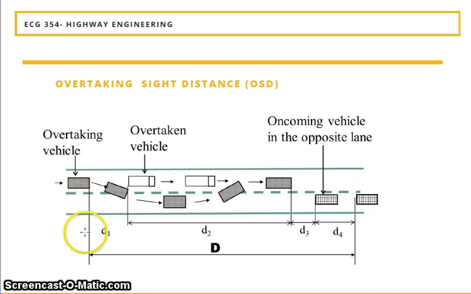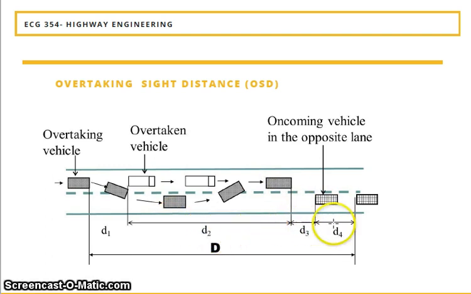D1 is this distance, from when the overtaking vehicle starts to overtake the white vehicle. D2 is the distance from when the black vehicle starts to overtake the white vehicle until it enters back into its lane.